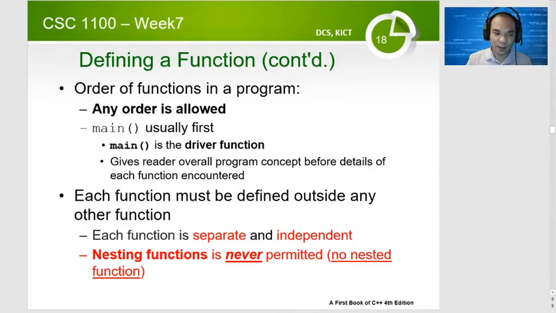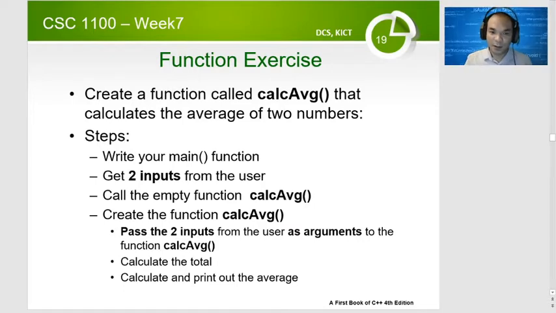That's one of the ideas. So when you create a function, in this exercise example here, we have a function called calculate average. You can think about how you would want to write this function. Basically, you can use calculate average to average out two numbers.